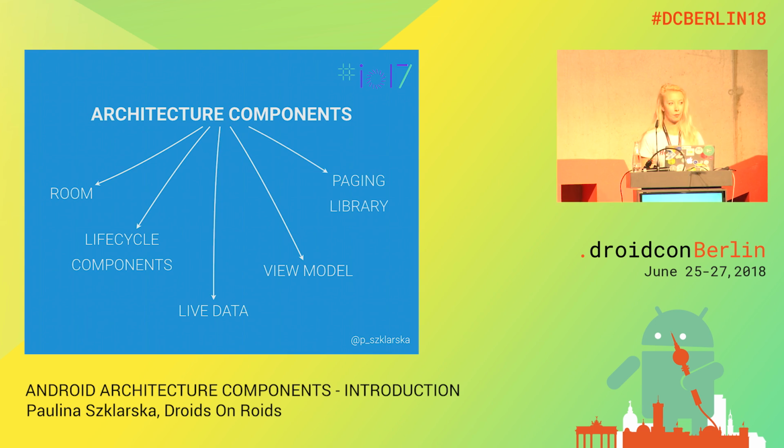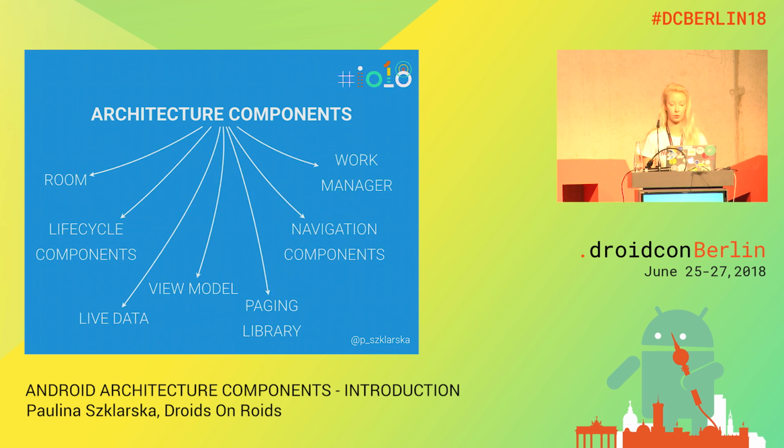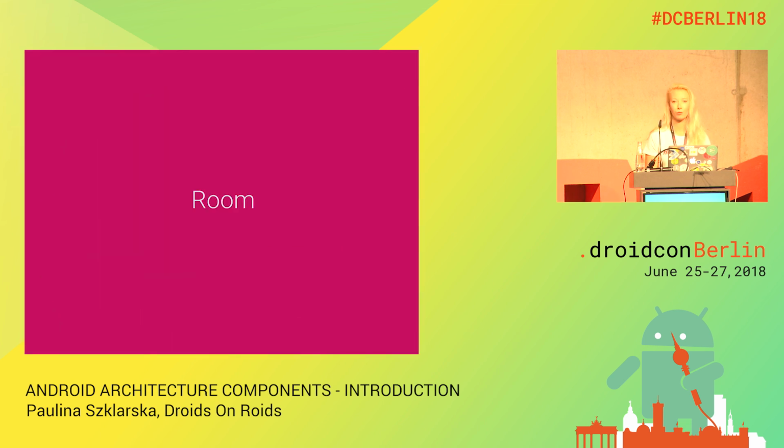That was in May 2017. At this year's Google I/O, two more components were announced: navigation components for handling navigation, and WorkManager for handling background jobs. Okay, we'll start with Room firstly.